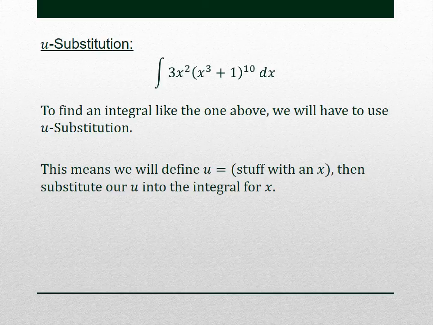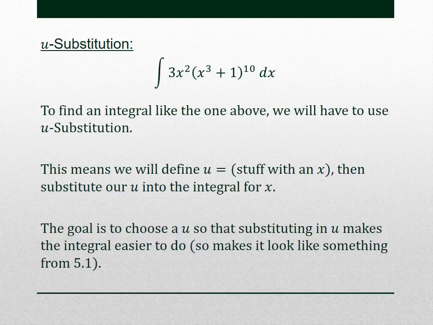And we're going to do this purposefully and intelligently, so that when we substitute everything in, it makes things nicer, right? You don't want to just define U to be something random that's not going to help.